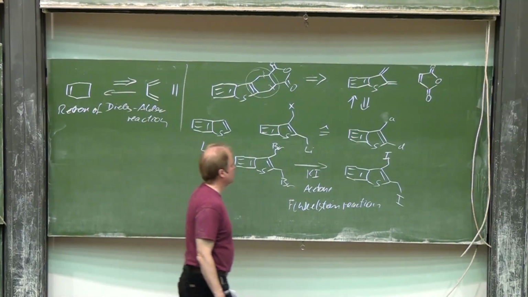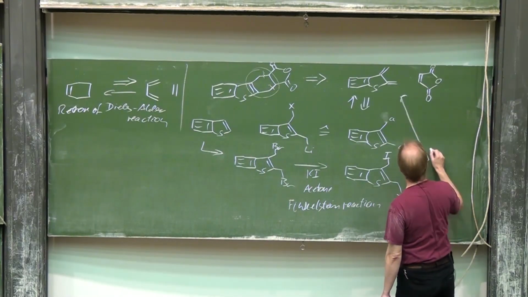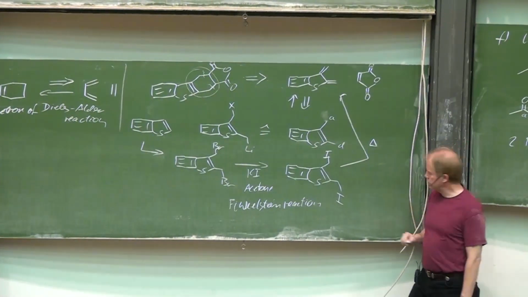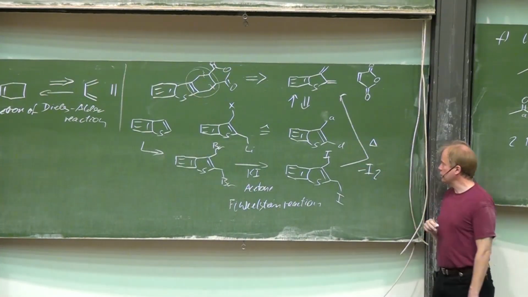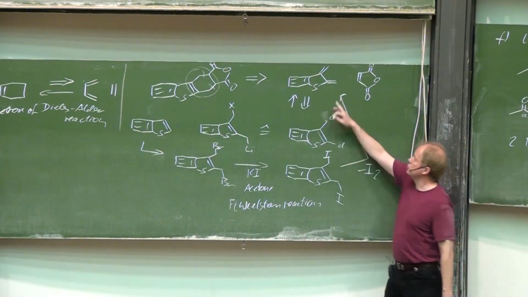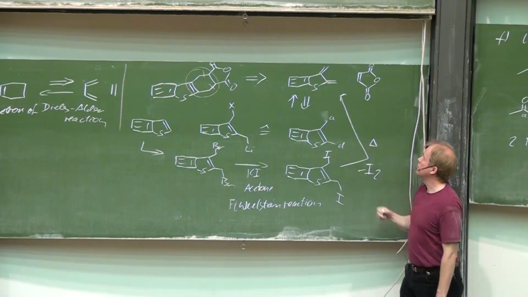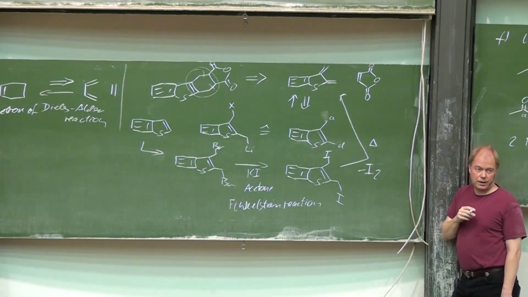Well, and just heating it up a little bit will eliminate molecular iodine. This is generated and it will be trapped immediately by the dienophile, which should be already present in the reaction solution.